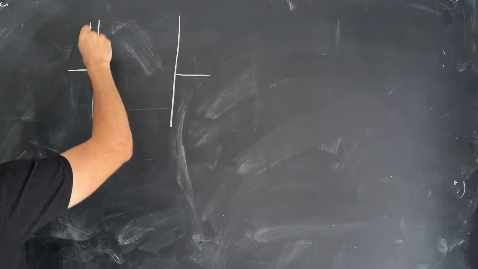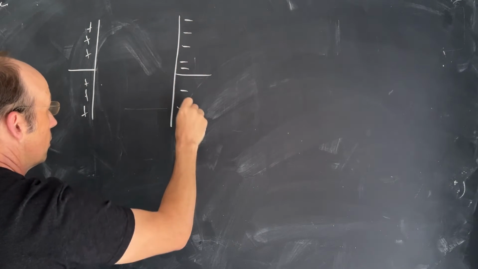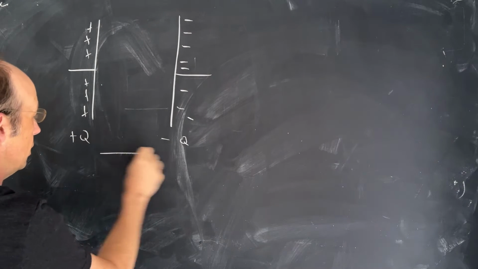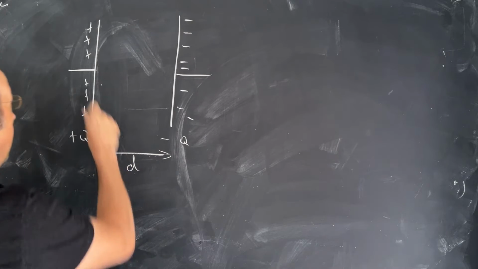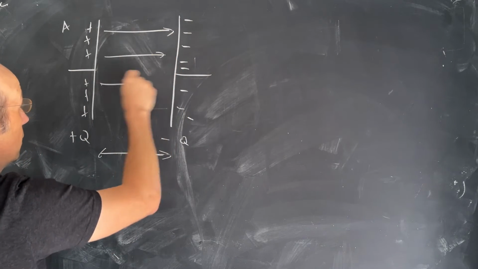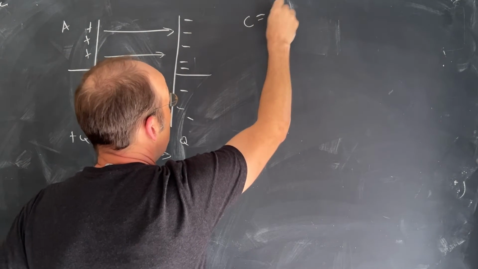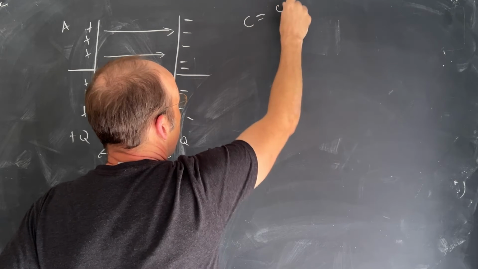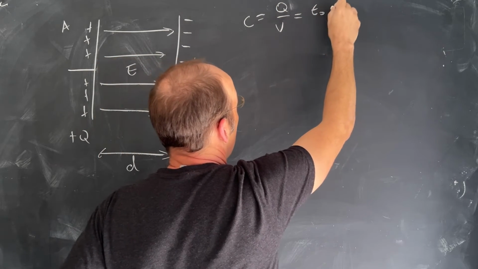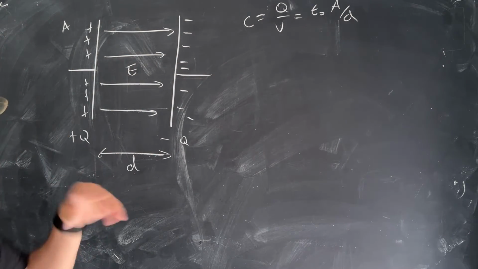So I have plus Q over here, minus Q over here. And this is a separation distance D. And that has an area A, and then I have a constant electric field E. And remember, C is Q over V, and it also equals epsilon naught A over D. So I knew both of those things.